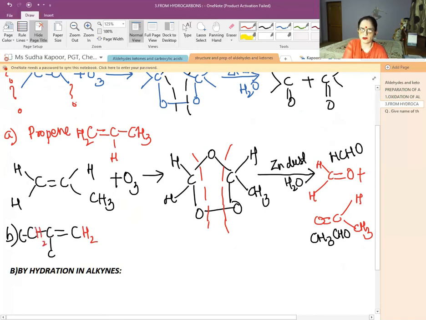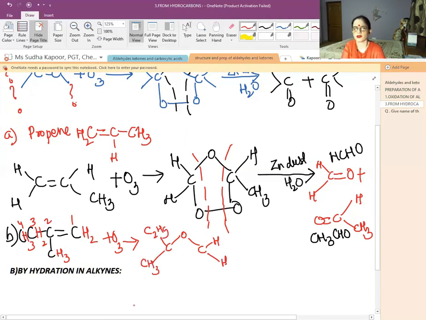It required 2 hydrogens and this carbon required 3 hydrogens. So it is 2-methyl, 1, 2, 3 and 4, 2-methylbut-1-ene. As soon as we add O3 to it, we will be getting both the carbons in the form of the ozonide. On one carbon there are both the hydrogens, but on the other carbon, on one side it is C2H5 and on the other side it is CH3.